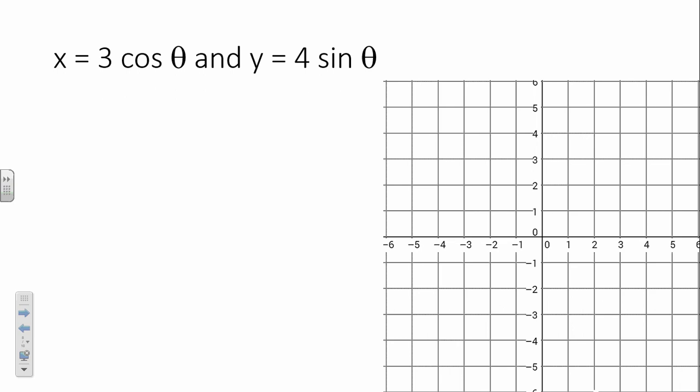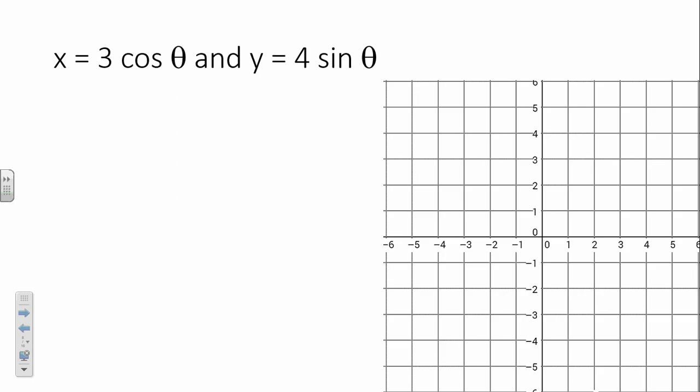Okay, before we had to solve for t, right? So here it looks like we would need to solve for what? For theta, okay? But let's think about what happens if we solve this for theta.